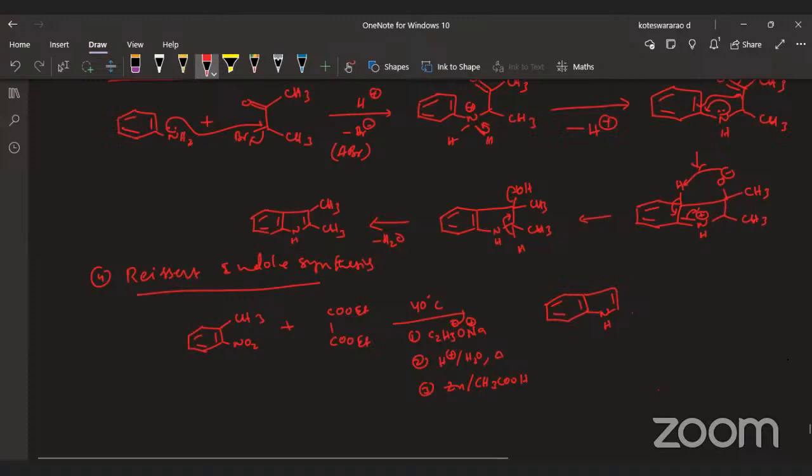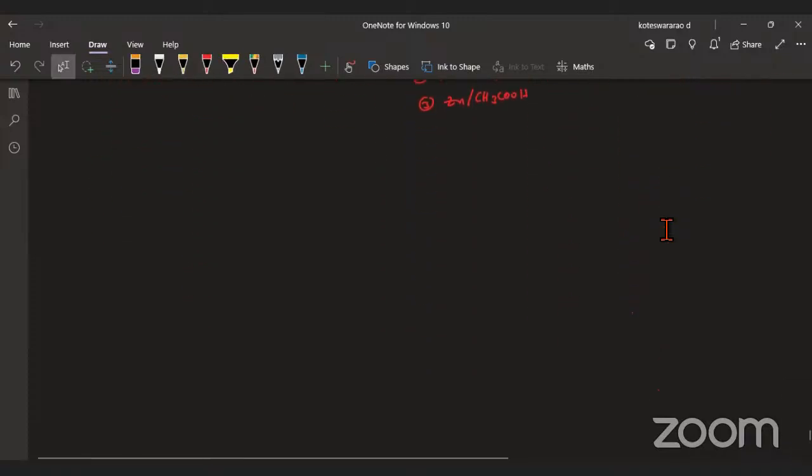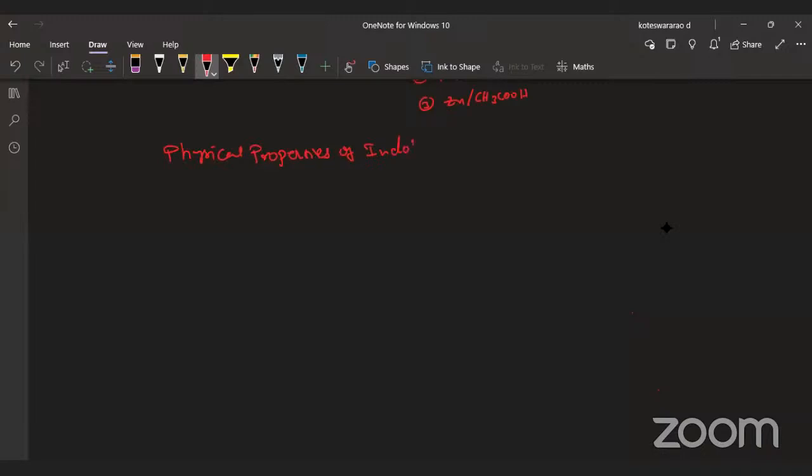Now coming to the physical properties of indole.